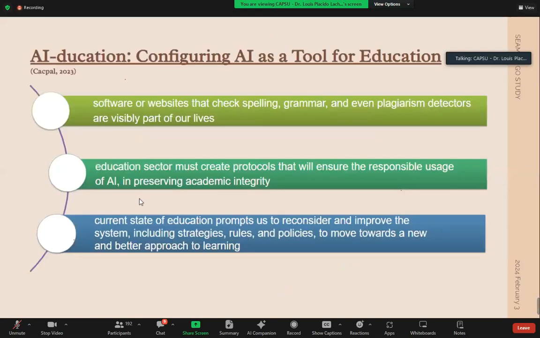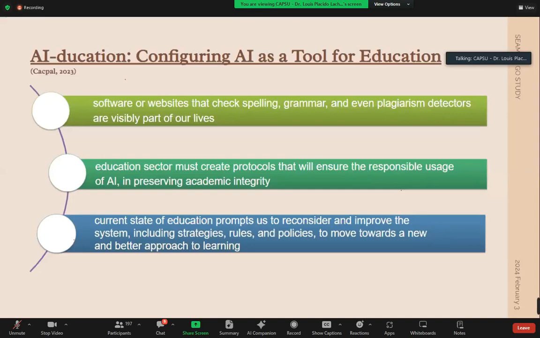In 2023, CACPAL made mention of AI education, or artificial intelligence education, in configuring artificial intelligence as a tool for education. We all know right now that in this digital age, we cannot do away with artificial intelligence. So they consider it as software or websites, for example, that check spelling, grammar, and even plagiarism detectors, which are visibly part of our lives.